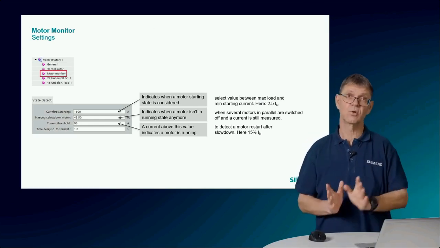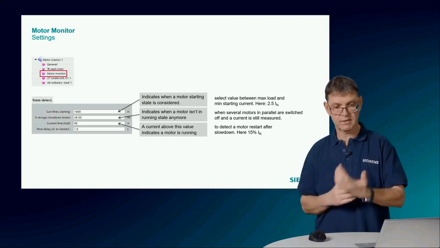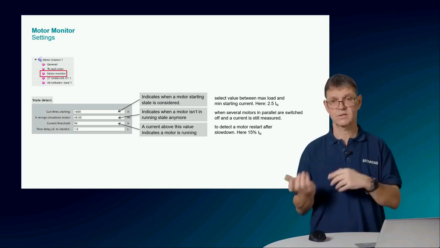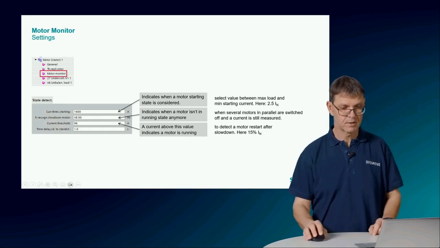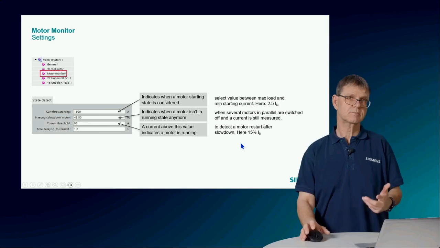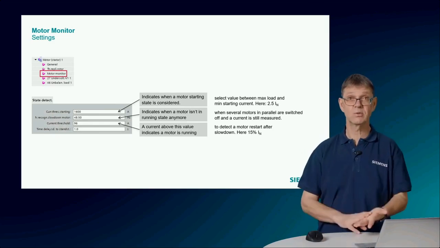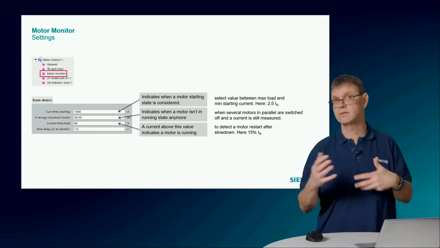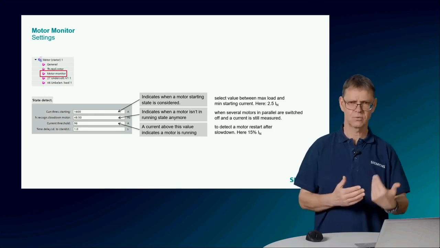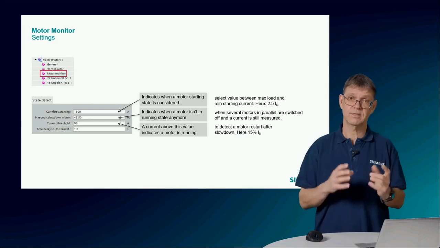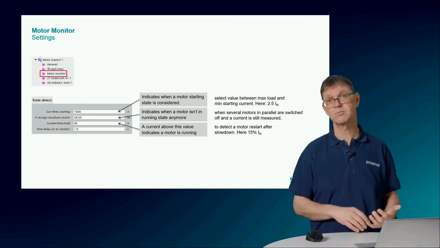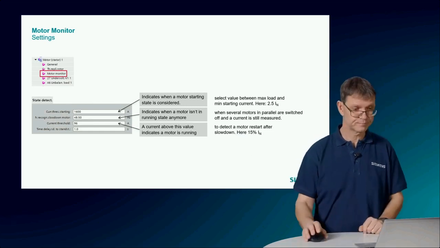We use this to go to the standstill state, and here another value says, okay, the motor is starting. I set this to 15% here because a motor that is running without load already has around 20%. So if I have a value higher than this 15%, I can be sure the motor is running.